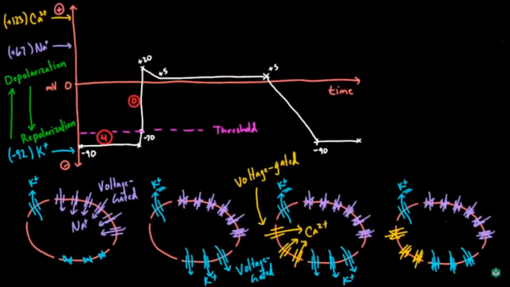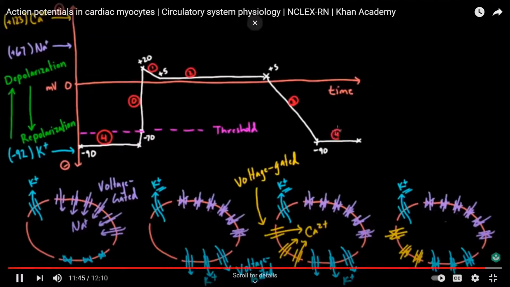And then on the other side of stage 0, you have stage 1, 2, and 3. So stage 1 is that point when just the potassium channels first open up, the voltage-gated ones. And then stage 2 is when they're balanced with the calcium channels. And stage 3 is again when you have just potassium channels, voltage-gated ones that are open. And then you get back to stage 4 again. So this would be stage 4.